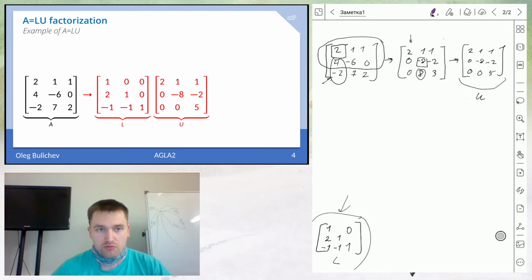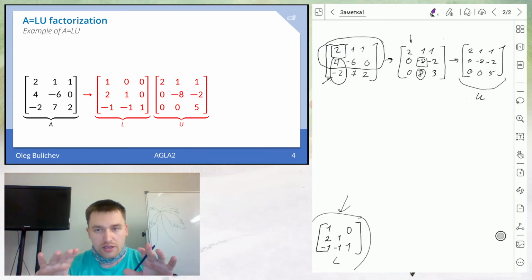It works only when we didn't swap our rows. If you do swap, in this case you have to use a permutation matrix. Again, it's not our case right now. It's the easiest way. So you just do Gaussian elimination, and you do this.